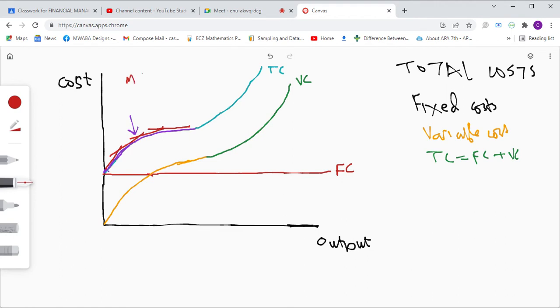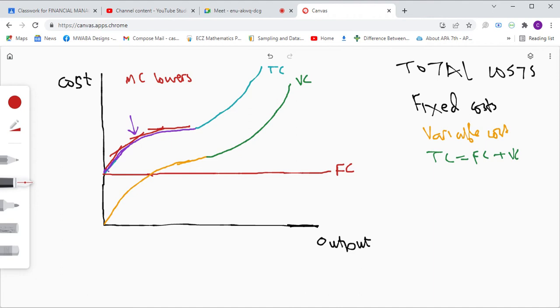In this region here, the marginal cost lowers as we produce more due to specialization. Okay, we're hiring more workers, we're getting the job done, we're getting the benefits of specialization.